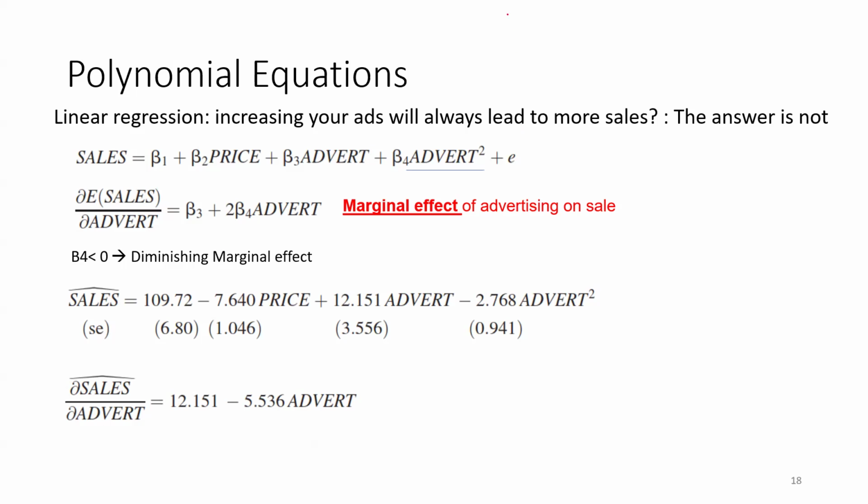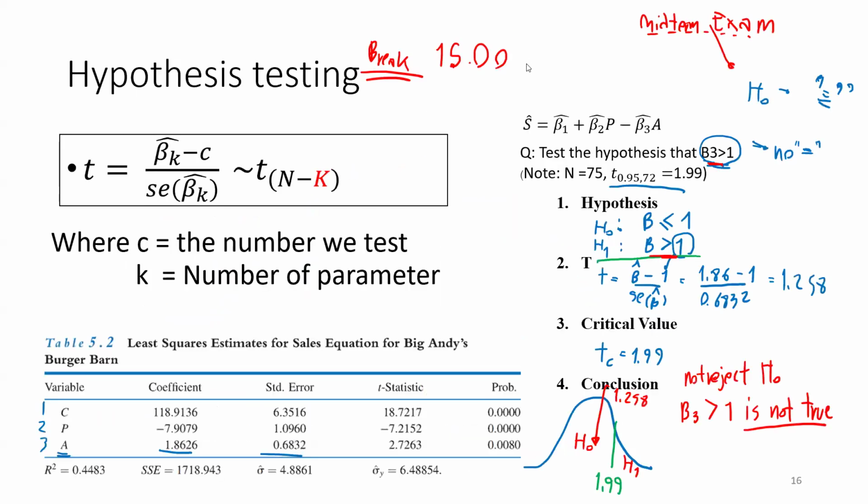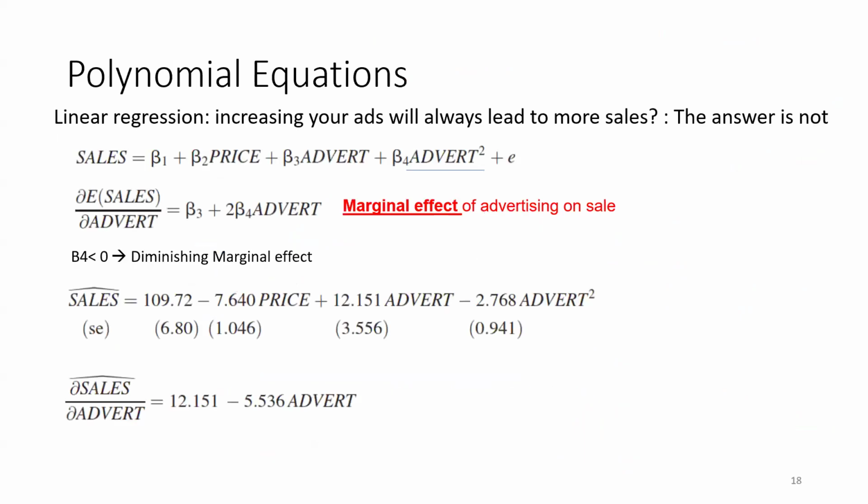Because previously we did a linear model, right? So this is positive: if we put in 1,000 on advertisement, the sales will increase by 1.86, which means we can increase advertisement forever. 1 million, 10 million, 10 billion, the sales still increase. You may say, oh, professor, it's not true.